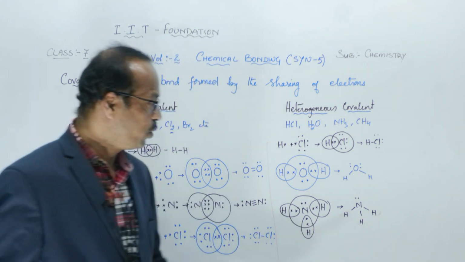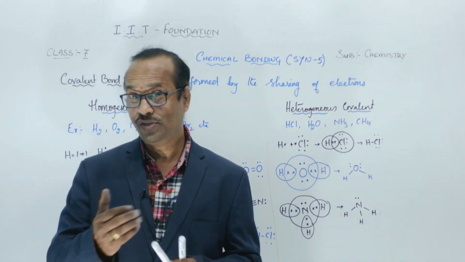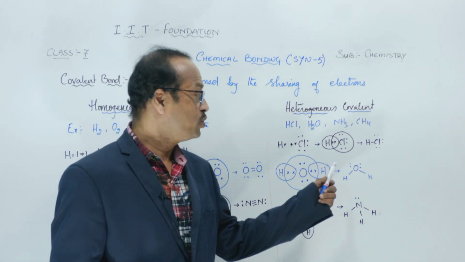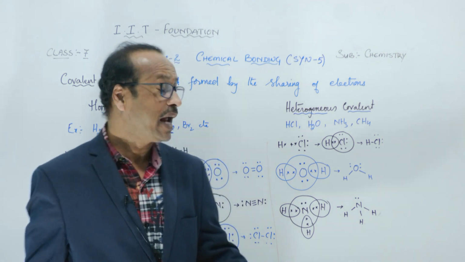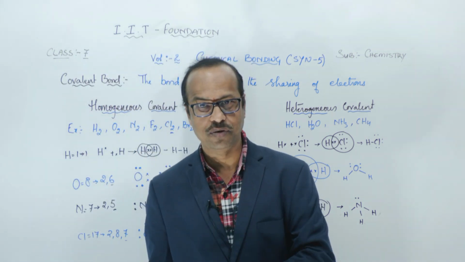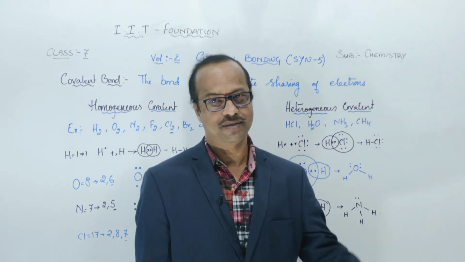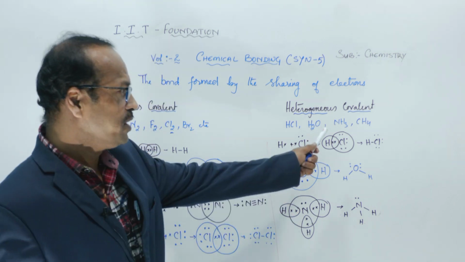Okay, so like this, ammonia is formed. How is this ammonia formed? By sharing of electrons. The bond formed by sharing of electrons is called what? Covalent bond. And the covalent bond is formed between different atoms, nitrogen and hydrogen, so it's called heterogeneous. Clear?